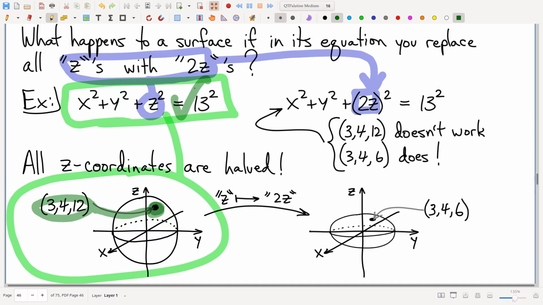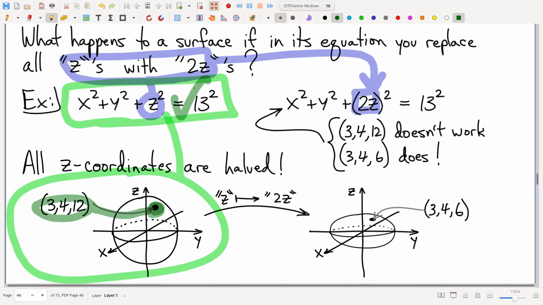So that particular point plugs in, that equation works. Would that point work in here? No, obviously not. Look at the z. The z is 12. If I plug in the 12 here, where the z used to be, now that z gets multiplied by 2. Now I'm looking at 24 squared, crash and burn. The arithmetic just doesn't work. Of course it doesn't work.